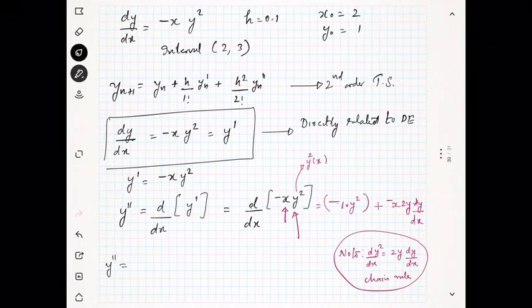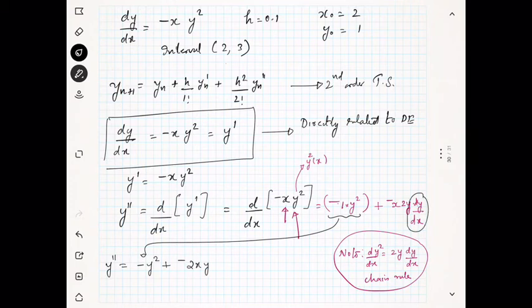y double dash is equal to, you can see here, minus y square plus minus 2 into x into y, and dy by dx, you already know dy by dx is nothing but y dash. So this is equal to minus y square, minus 2 into x into y, and y dash.